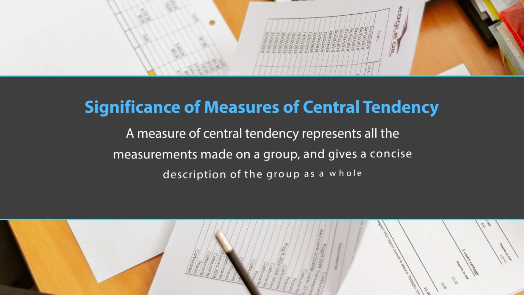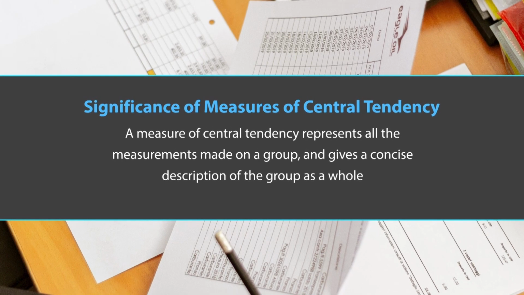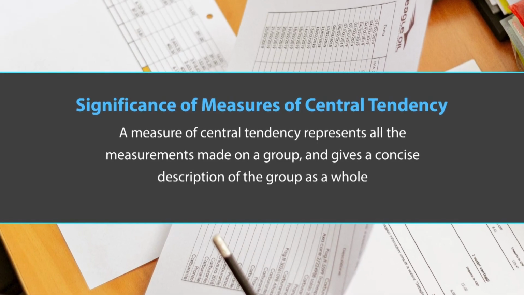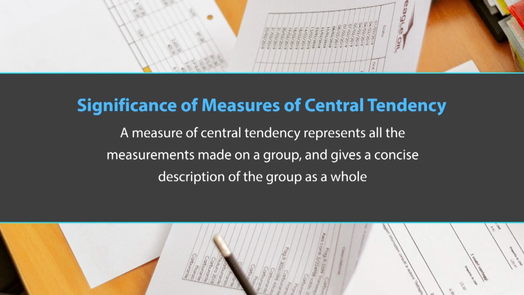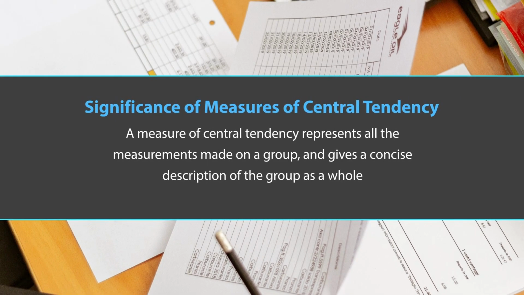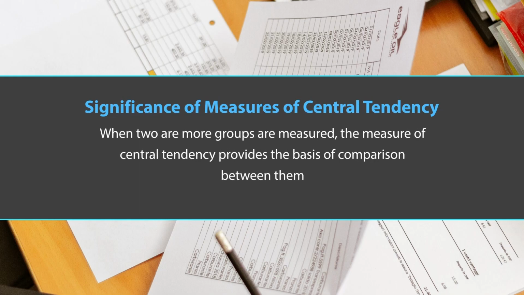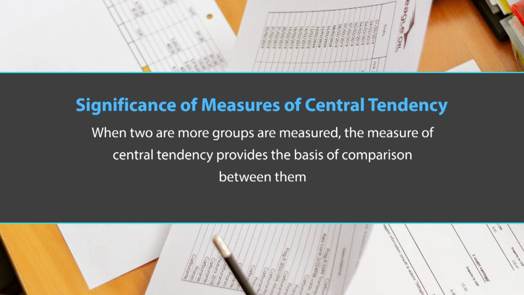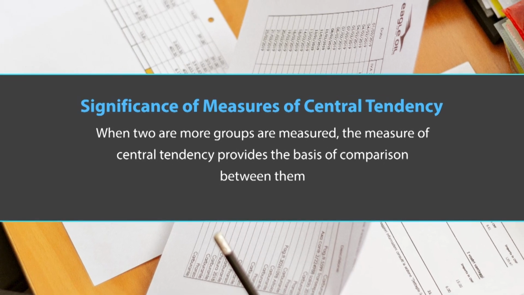A measure of central tendency represents all the measurements made on a group. It gives a concise description of the group as a whole. When two or more groups are measured, the measure of central tendency provides the basis for comparison between them.